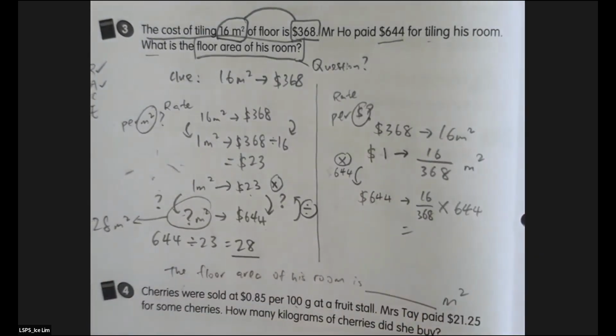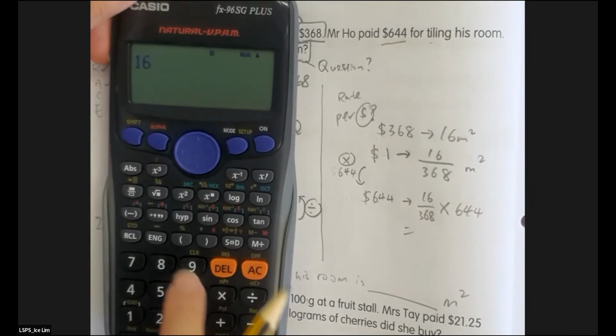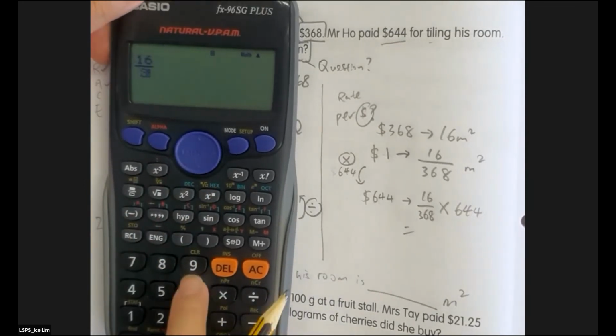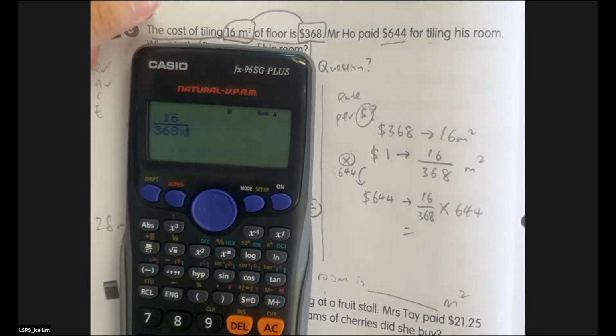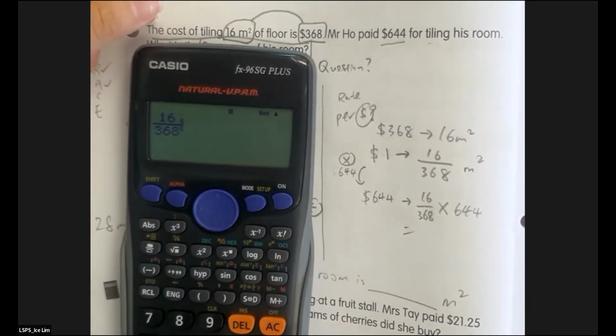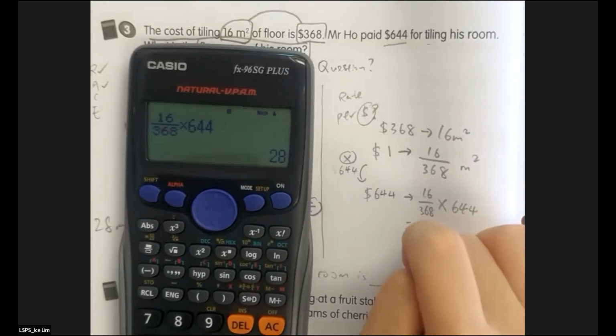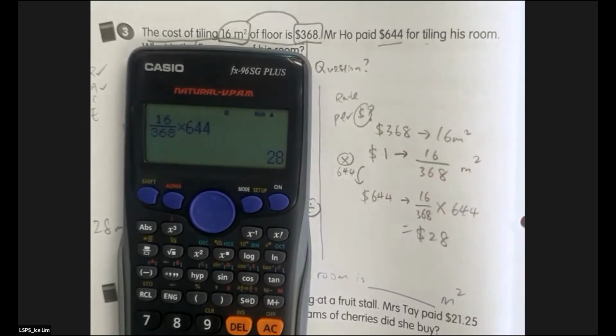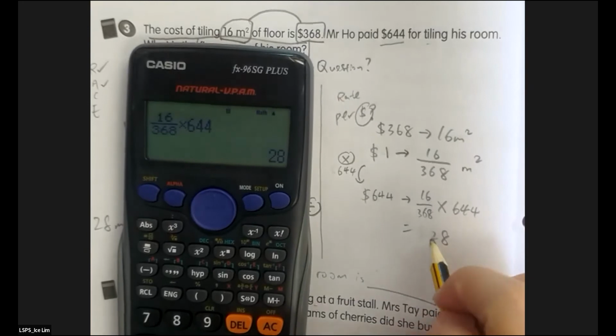I can do my division or just simply use the calculator: 16 fraction 368, multiply 644. Answer 28. Oops, without the dollar sign, the unit should be square meters.